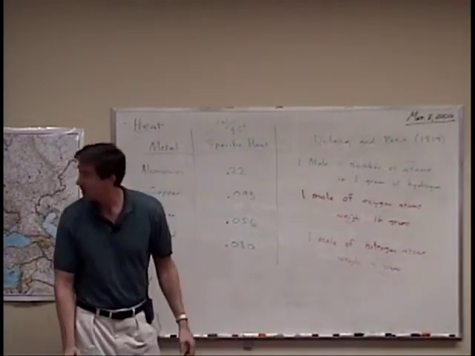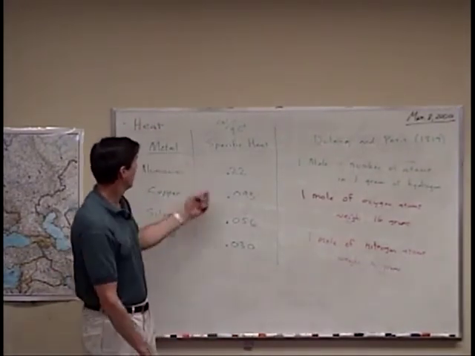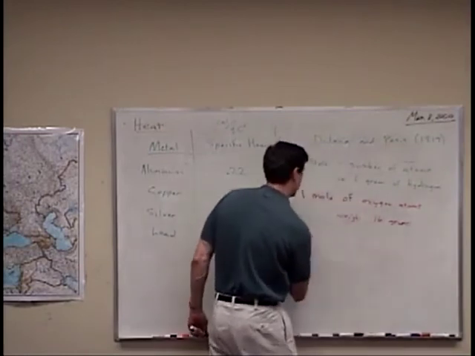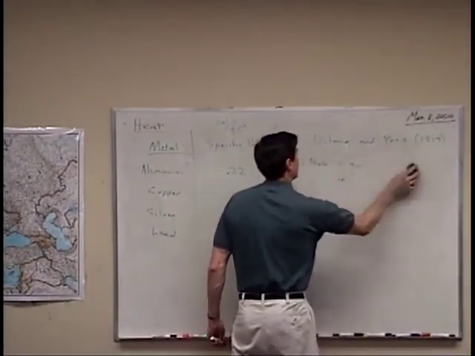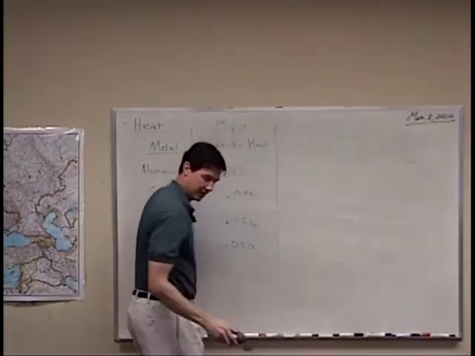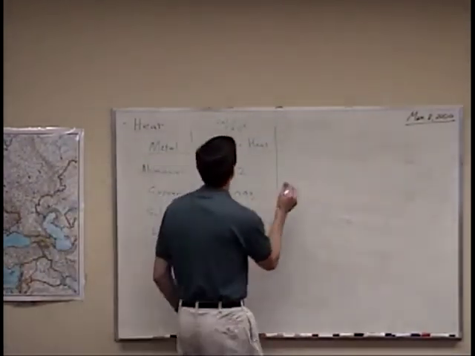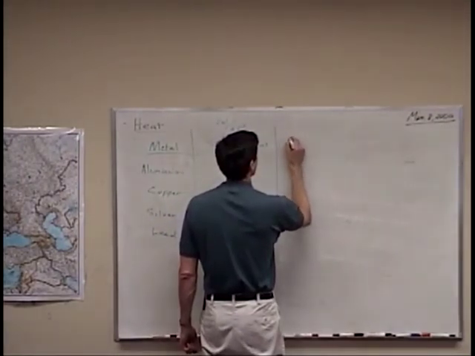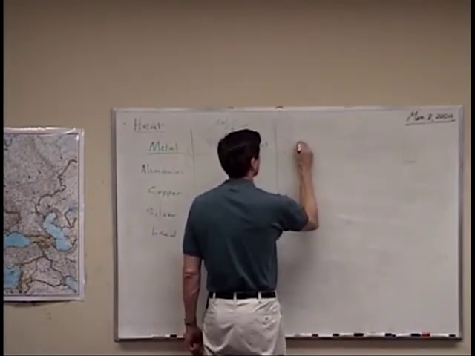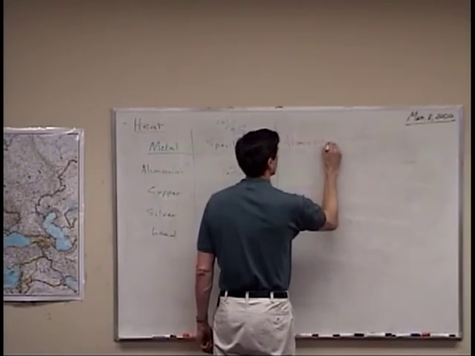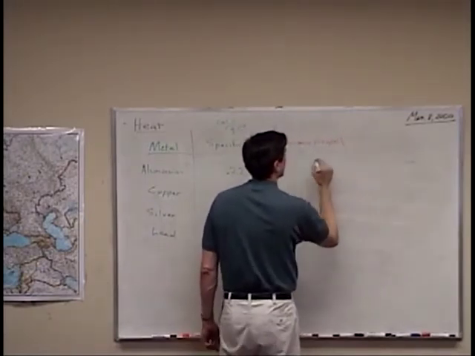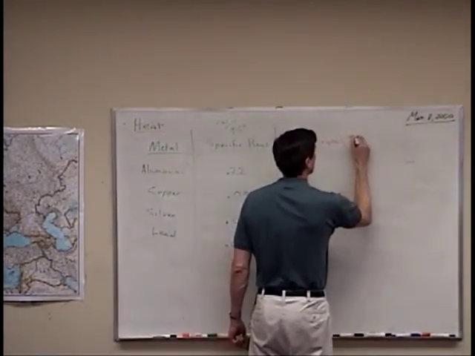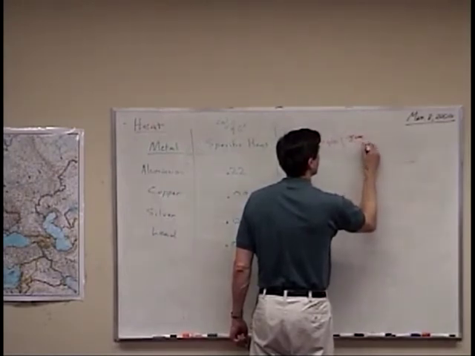Okay, so for these metals that I have listed, let's first write down these atomic weights, which we can now think of as grams per mole.